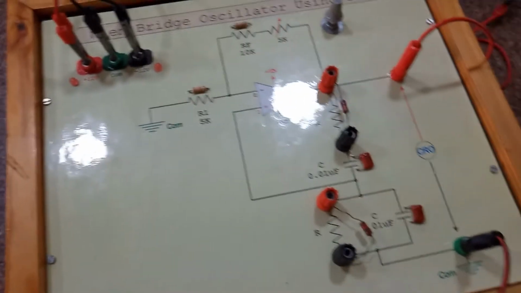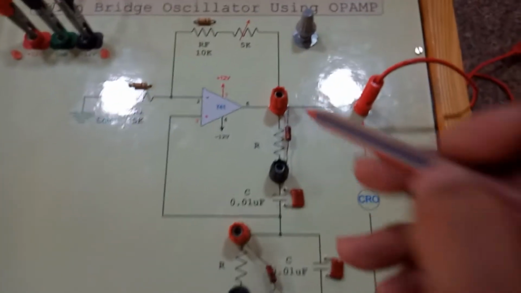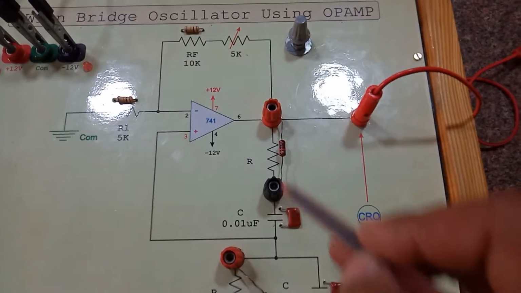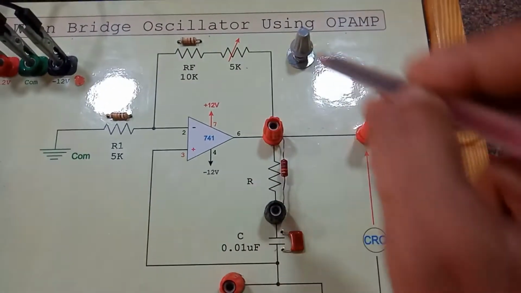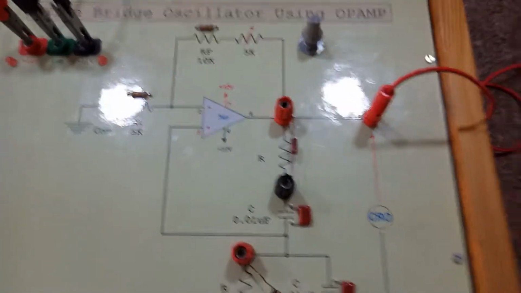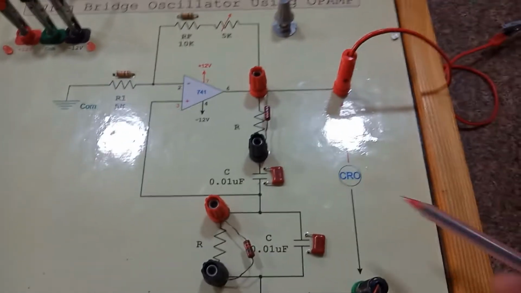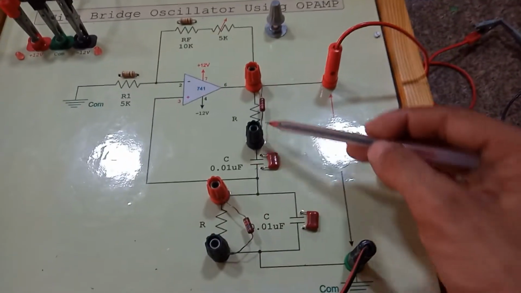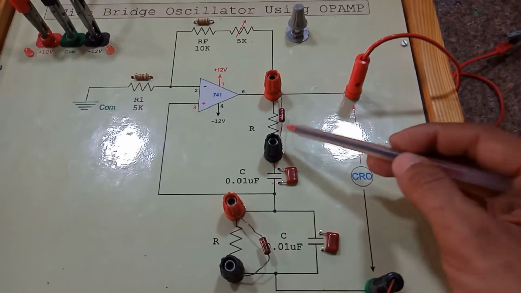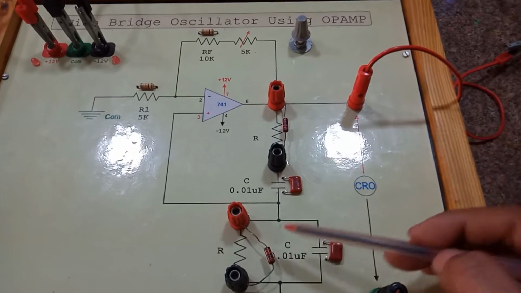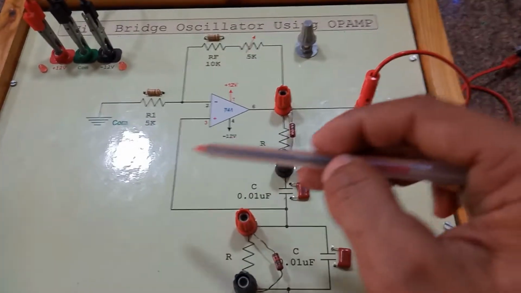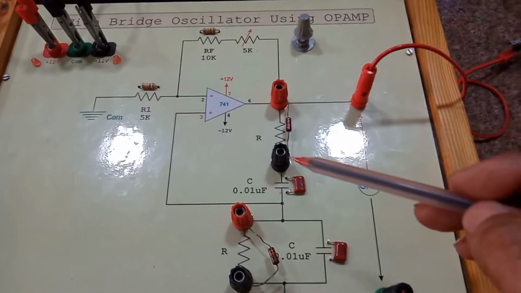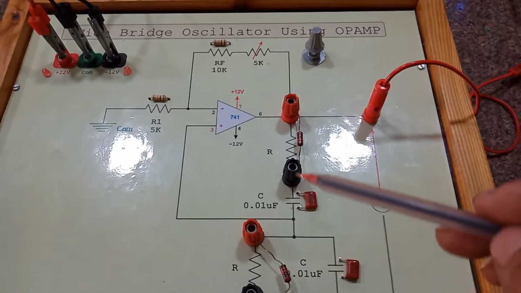Now another criterion is that K, the feedback factor, and the gain of the amplifier, their product has to be 1. You know that to change the frequency of the sine wave, we will change the value of this resistance. If we change the value of this resistance, then the feedback factor of this loop will change, and the K into AV product will also change.